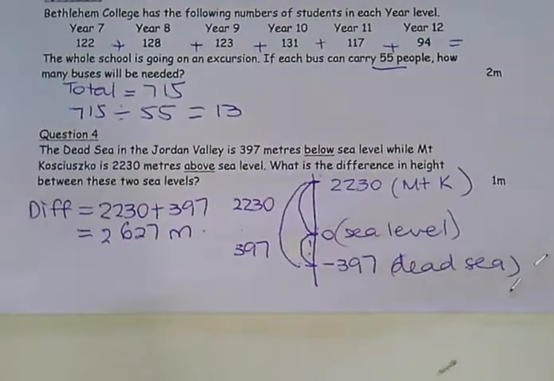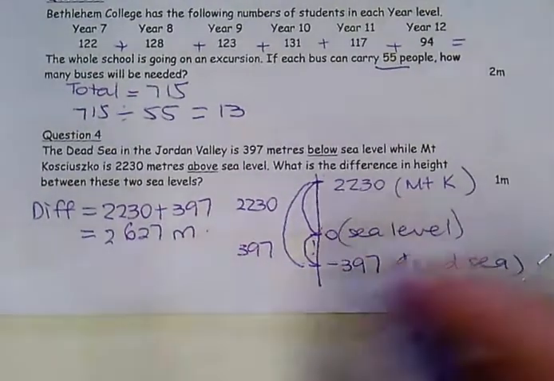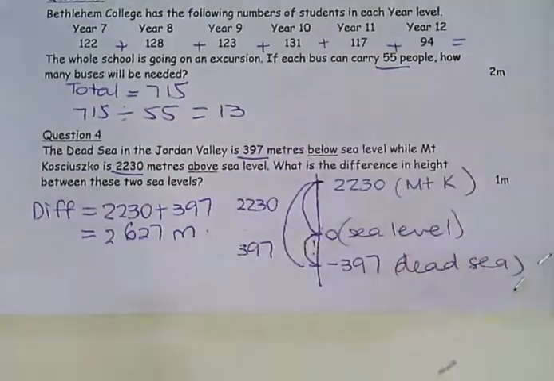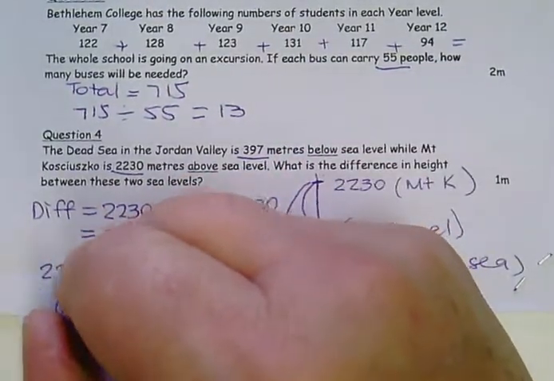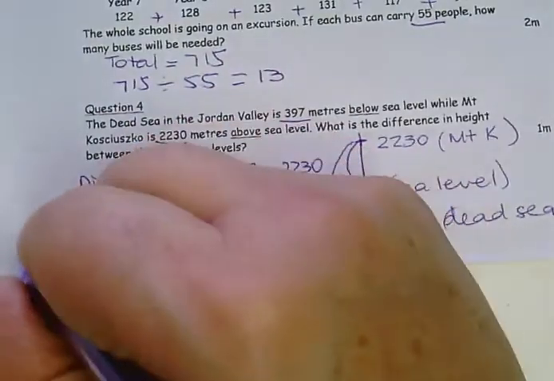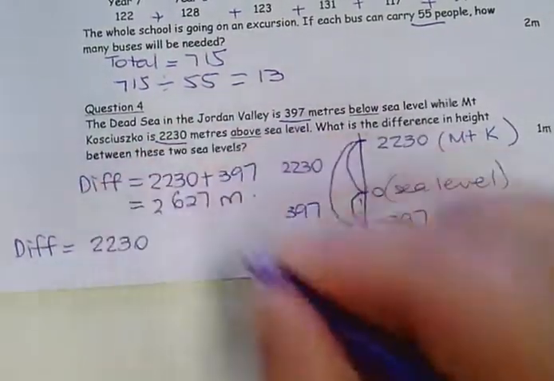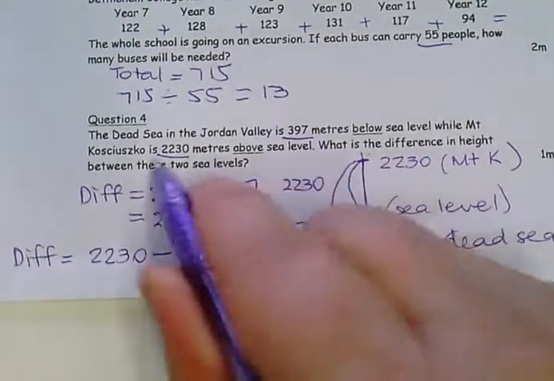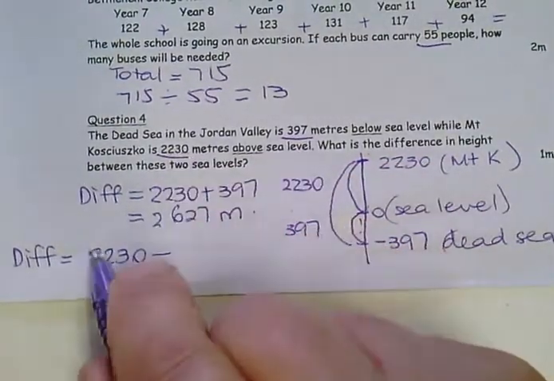But if you do not want to draw a diagram, look, I do recommend that you do draw a diagram, but if you do not want to, you can do the higher number, take away the lower number. Now the higher number is 2,230. Remember, difference means to subtract. So 2,230, this is above sea level, so it's a positive number.